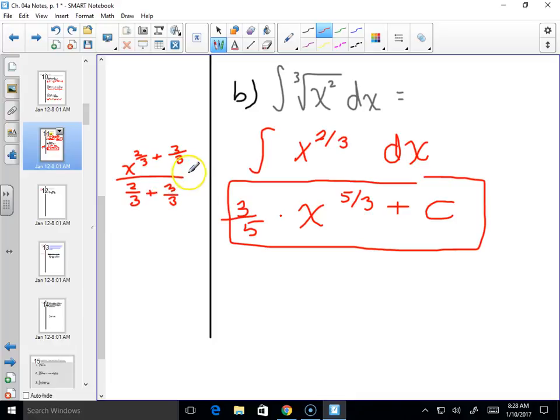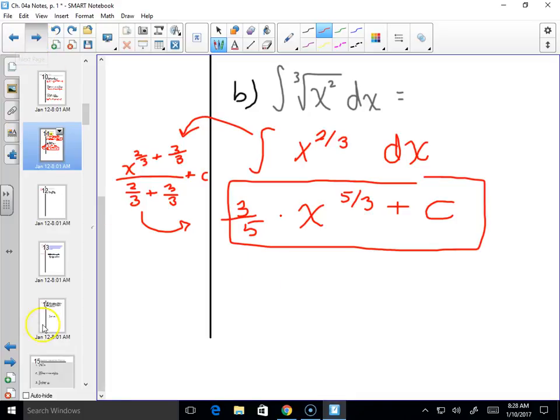Plus c. This is the work we try to do in our heads. So technically we could go here, and then we could go here, and then we have our final solution. Cool? Sure? If you're alive, give a grunt.